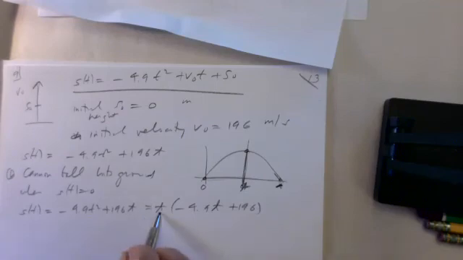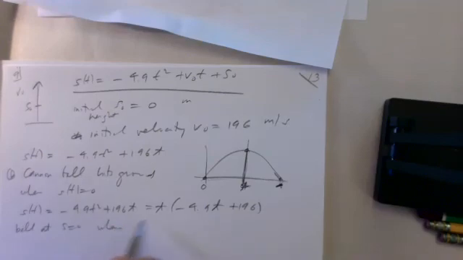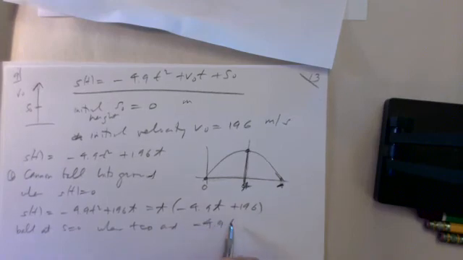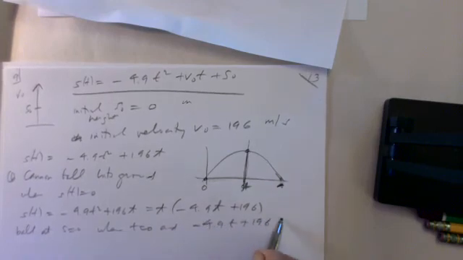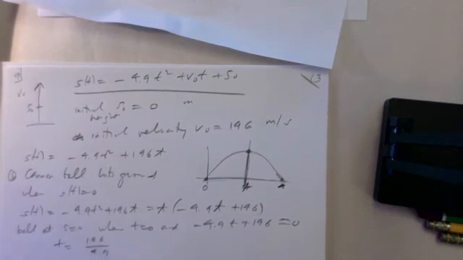So the ball is at ground level, at height s equals 0, when t is equal to 0, and when minus 4.9 t plus 196 equals 0. That means t is equal to 196 over 4.9.